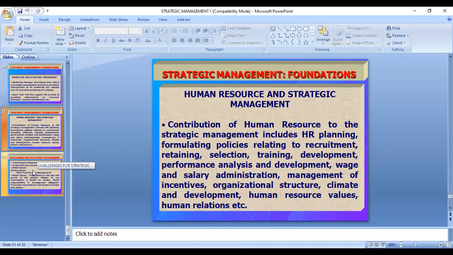Strategic human resource management means in case of turbulence, in case of problem, how we are going to manage these organizations. That is human resource and strategic management. It has a concern with each other. Next.